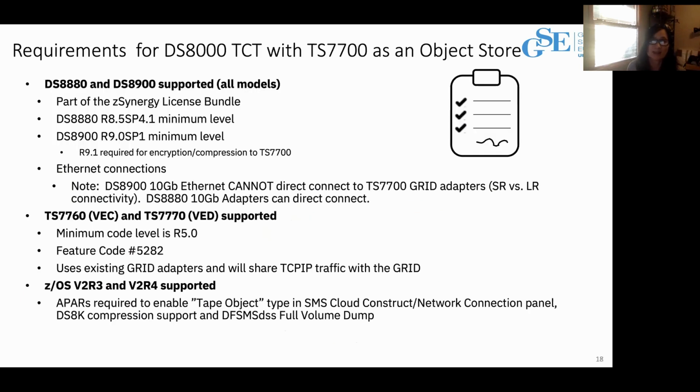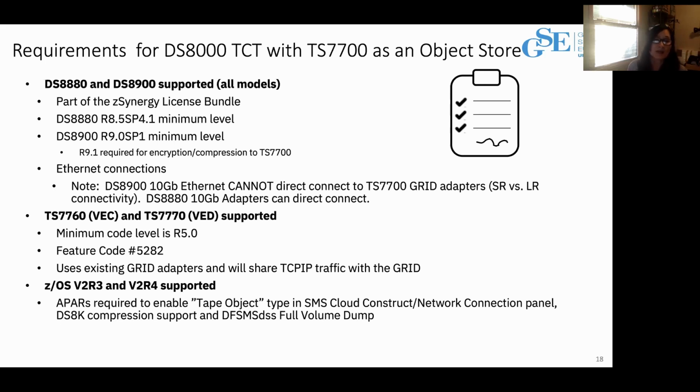All right, next slide. Okay, so what do you need to make this all happen? On the DS8000 side, we have DS8880s and DS8900s that support TCT. You need the Z Synergy license bundle for the code paths.